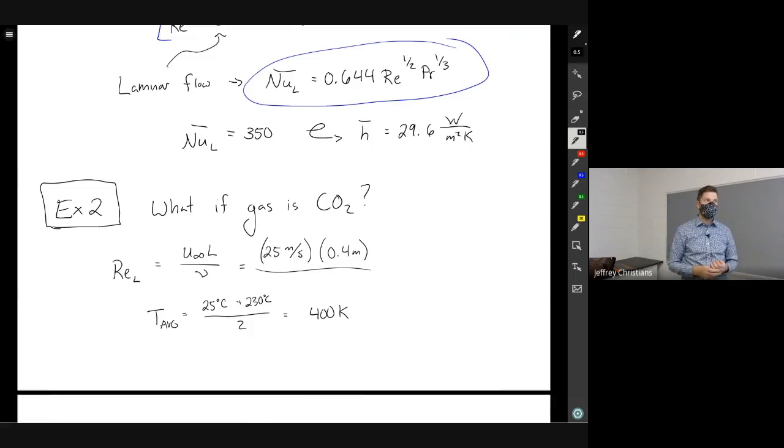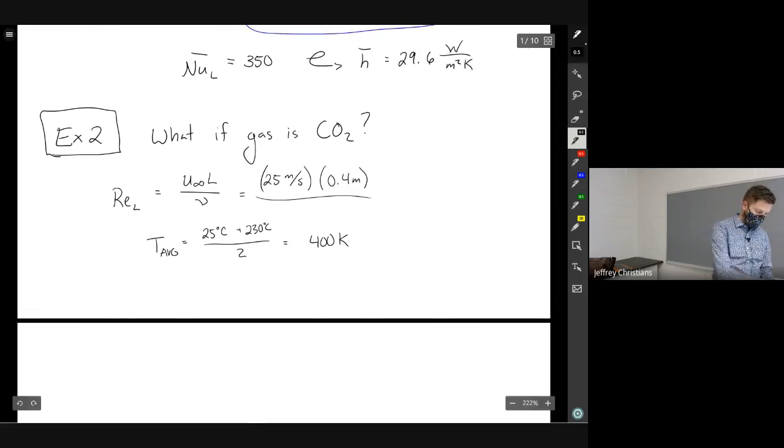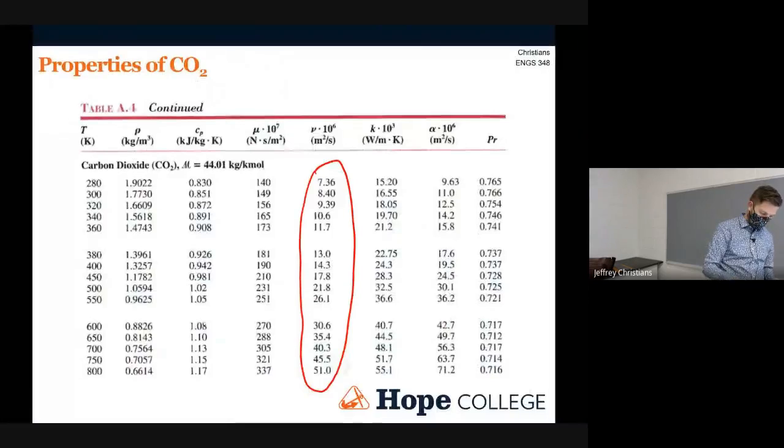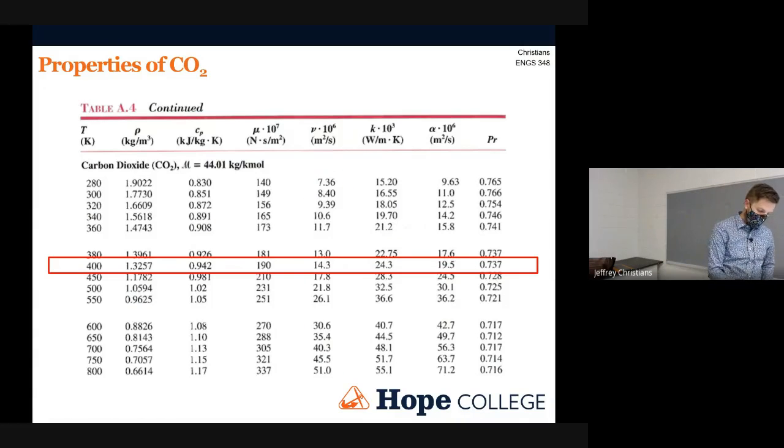So we did this before. The average temp is 400 Kelvin, which I chose some of the temps here to make that easy for myself. Okay, so we'll select out this whole row, and that's all of the properties that we need. Our kinematic viscosity is 14.3, but we have to look again at what the units are.